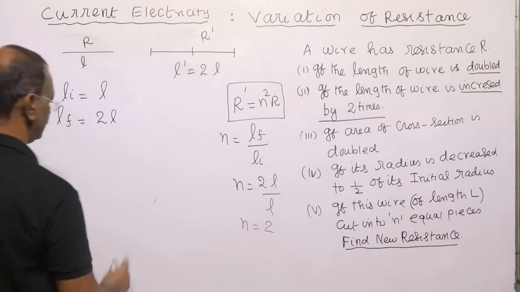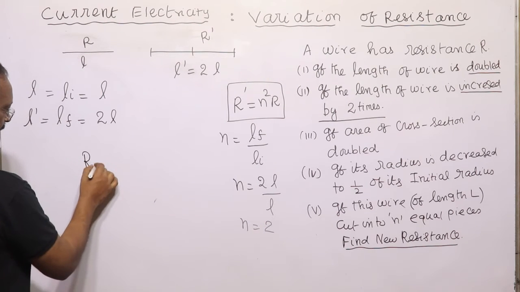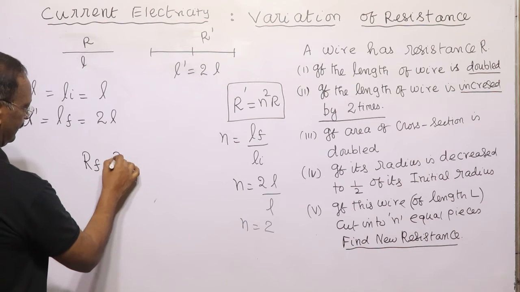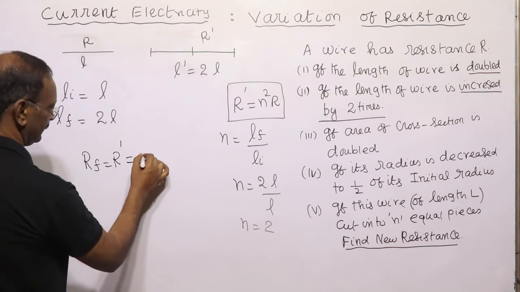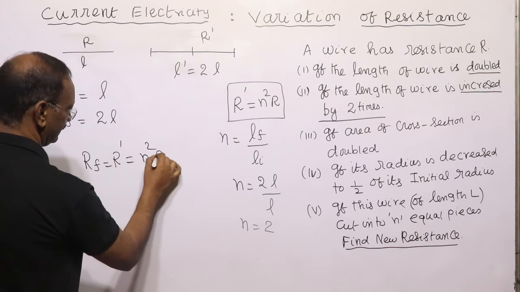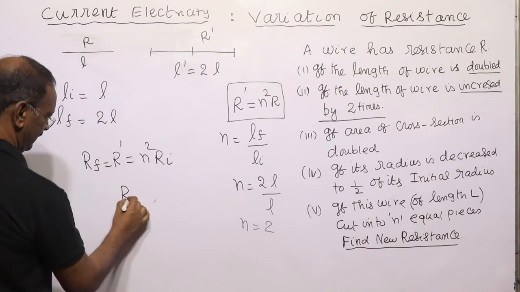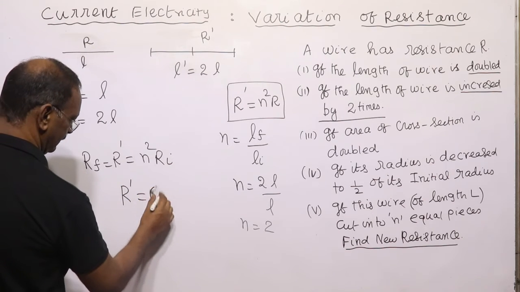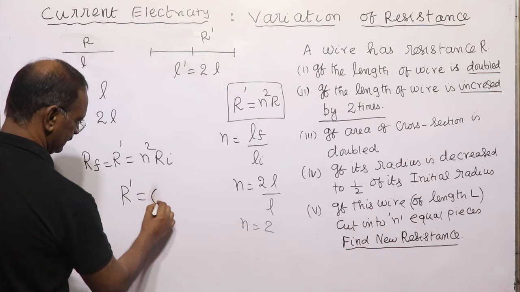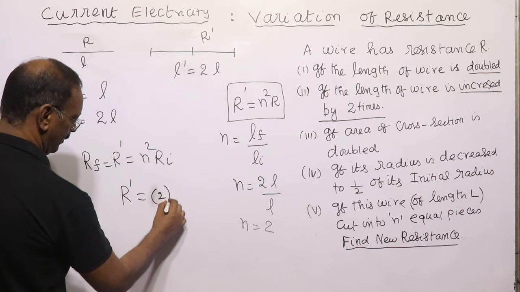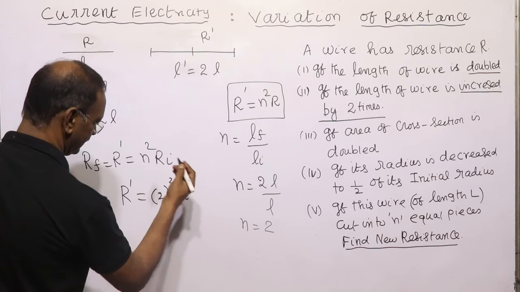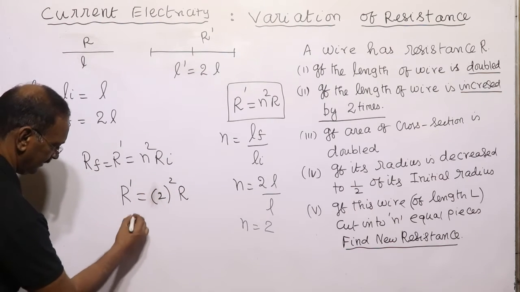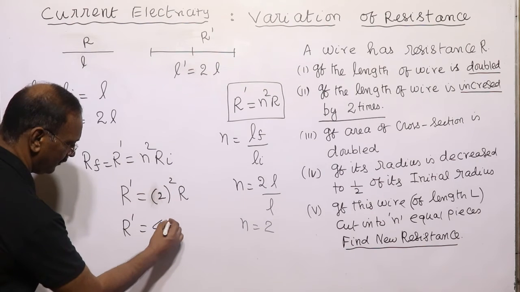So the final resistance R final, which is R dash, is equal to N square into R initial, where N is equal to 2, so 2 whole square into R initial, which is R. Therefore, final resistance is equal to 4R.